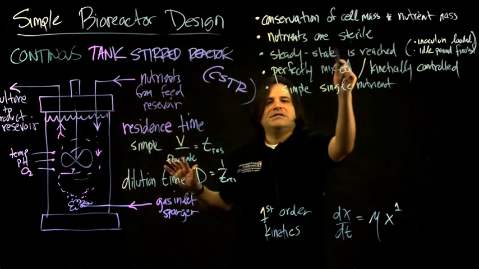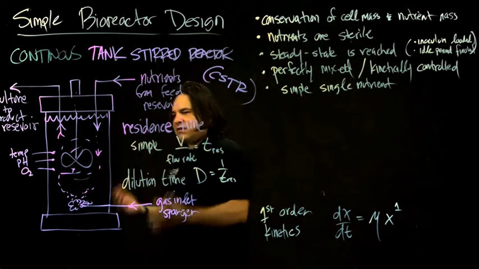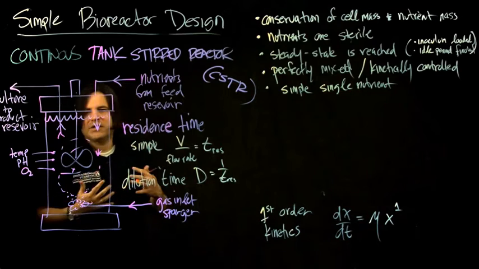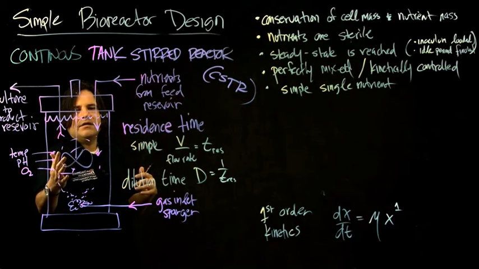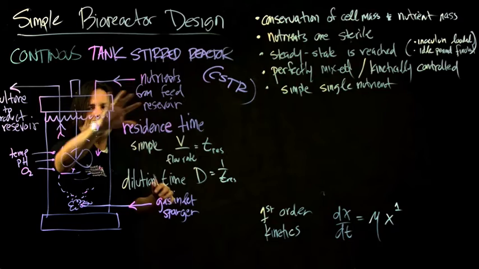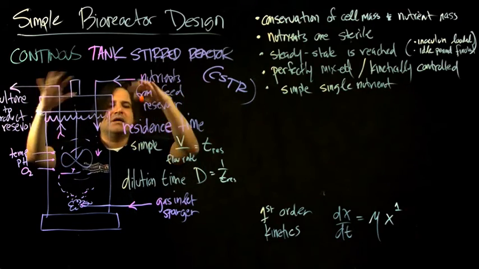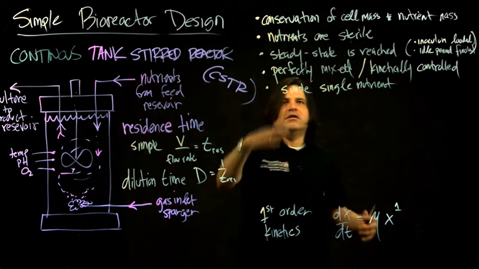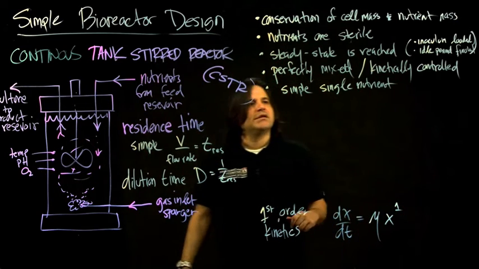And we operate at steady state. A lot of industrial scale processes are all about steady production, so they optimize the processes so that what comes in balances what comes out to reach some steady state of production. And the nutrients, you can sterilize your nutrients.